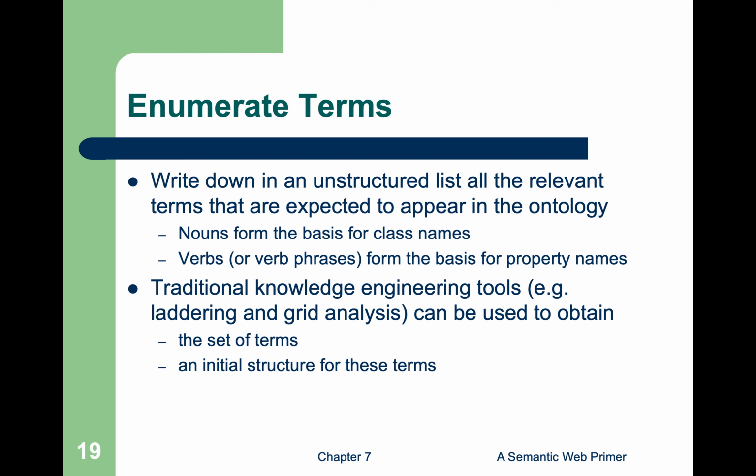Traditional knowledge engineering tools, for example laddering and grid analysis, can be used to obtain the set of terms and the initial structure of these terms, and the relationships that can be shown from these terms.